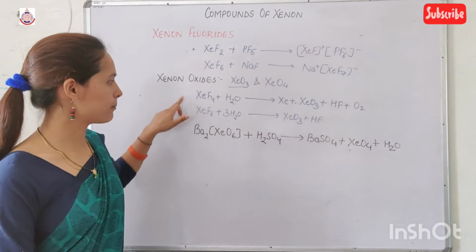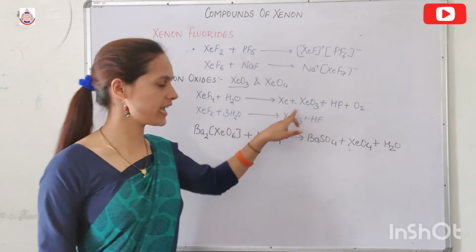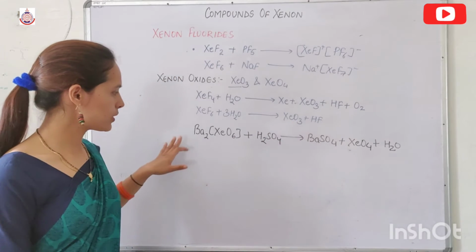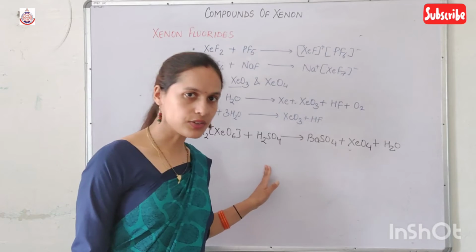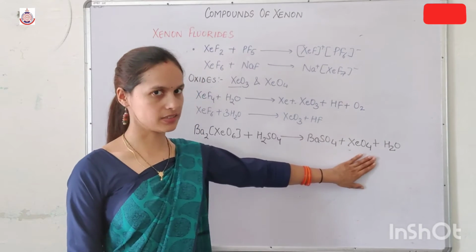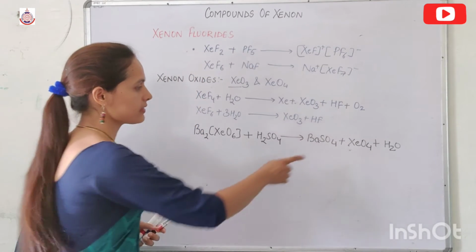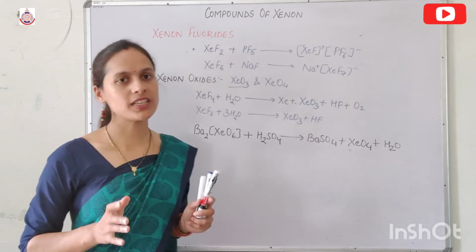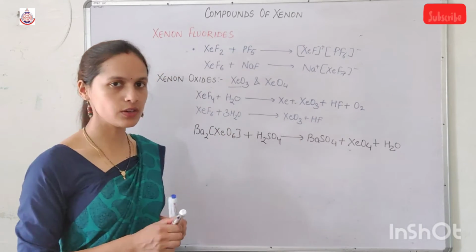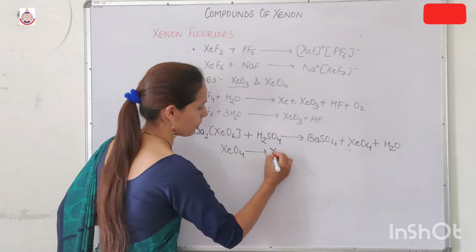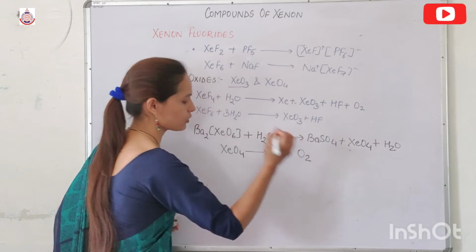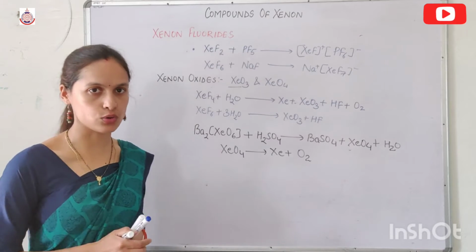So by the complete hydrolysis of these two, we get XeO3, and by reaction between barium xenate and concentrated sulfuric acid, we get XeO4. Now, this XeO4 is not much stable as compared to XeO3, and it undergoes dissociation to form Xe and O2.